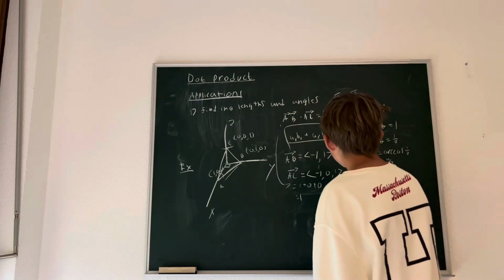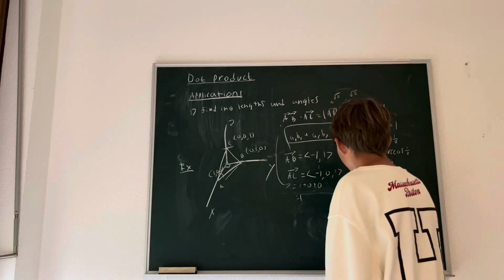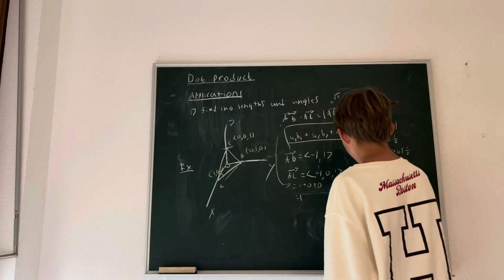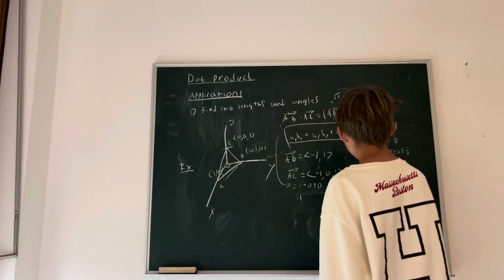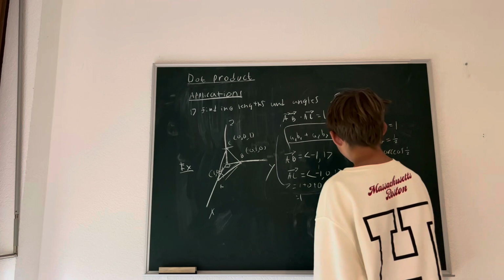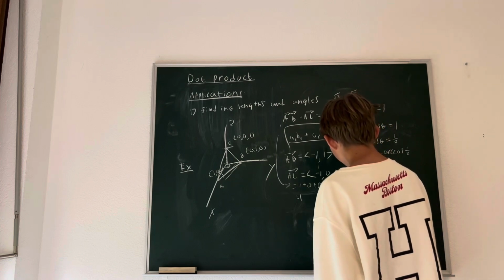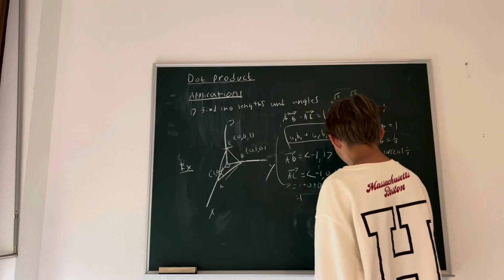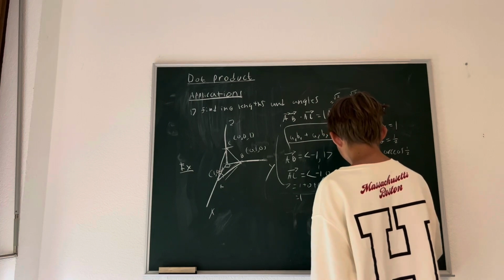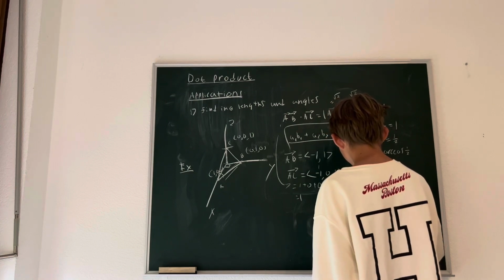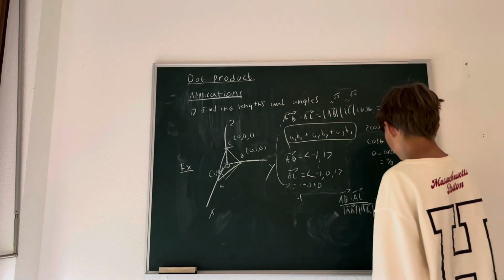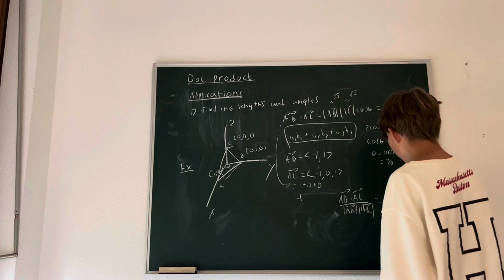So we have the vector AB dot the vector AC, divided by the magnitudes of AB multiplied by the magnitude of AC, equals the cosine of theta.